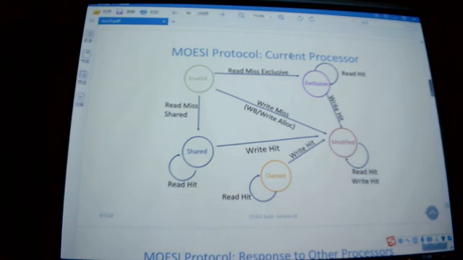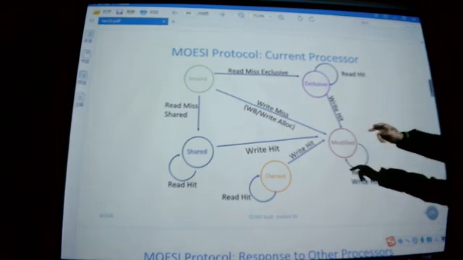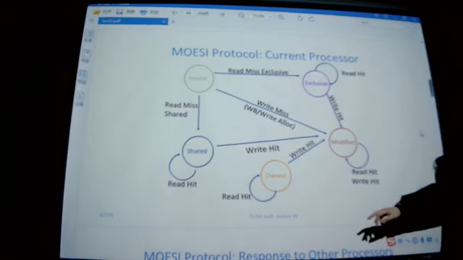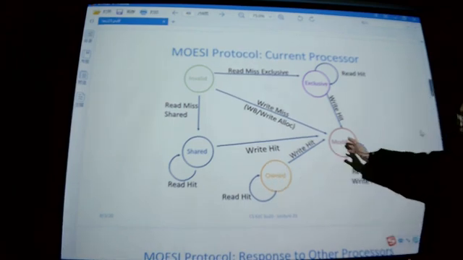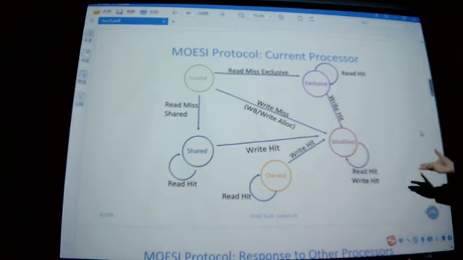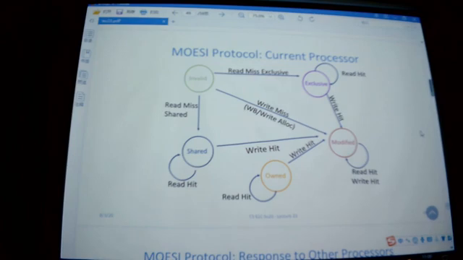Okay, there are 5 states in the image. We can see modified, exclusive, invalid, shared, and owned. So owned is related to modified. You can see in the image, modified is important. Every state is related to modified.